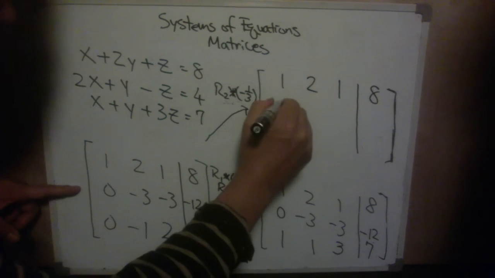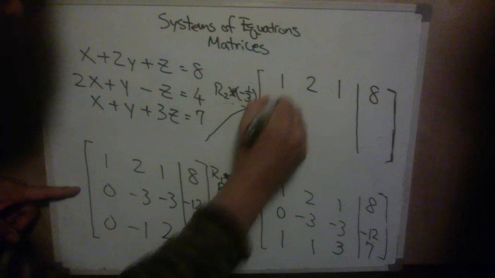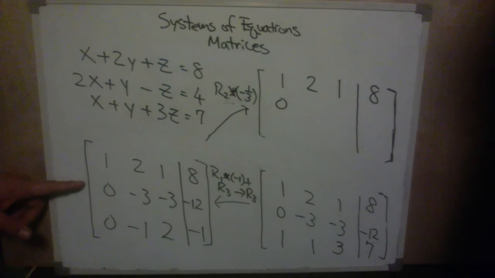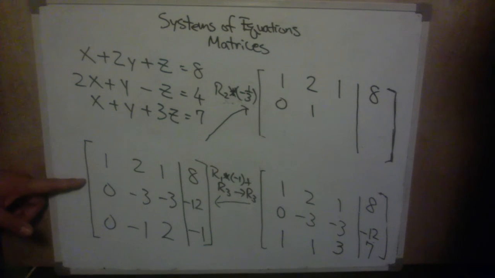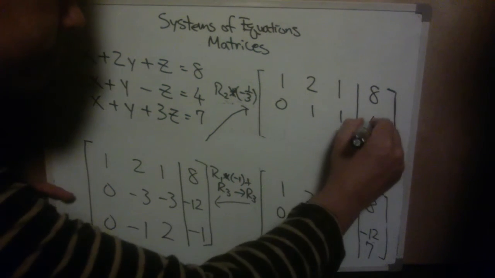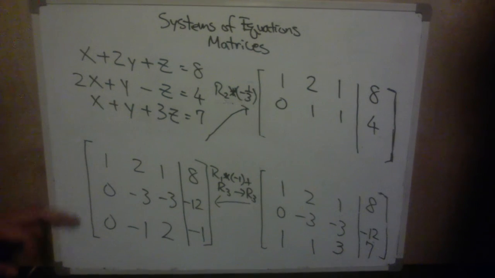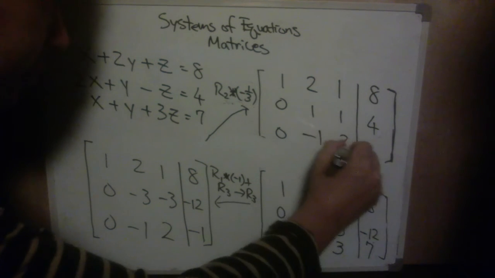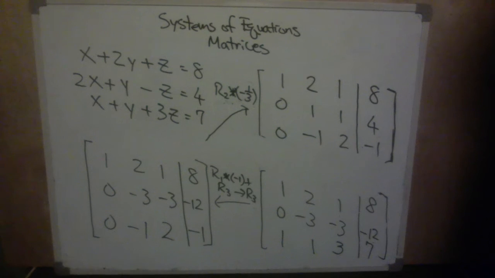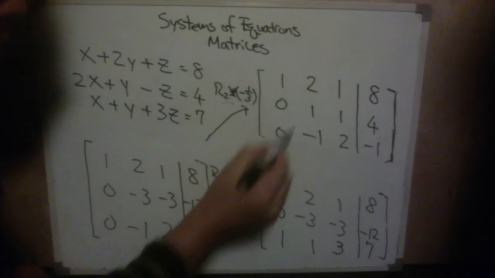So 0 times -1/3 is 0. -3 times -1/3 is 1, and that's what we want. -3 times -1/3 is also 1. -12 times -1/3 is 4. And row 3 stays the same: 0, -1, -2, and -1. So far so good. Things are looking good. Got 1, 0, 0, 1.